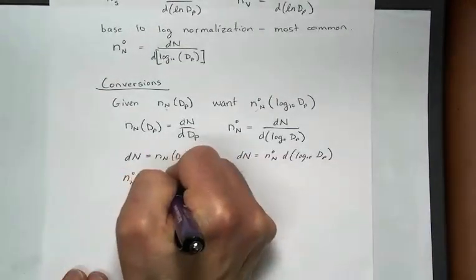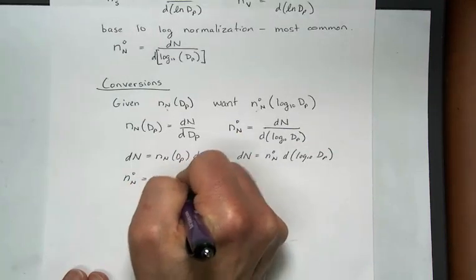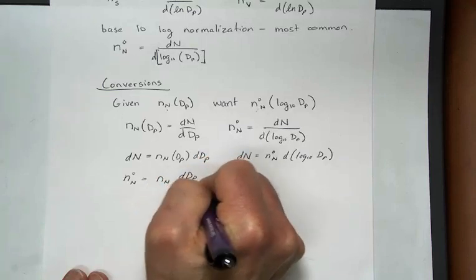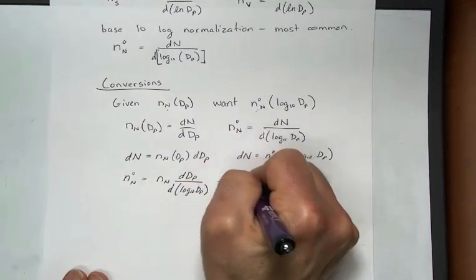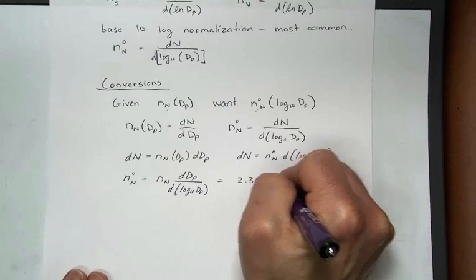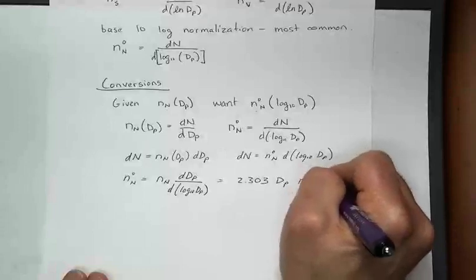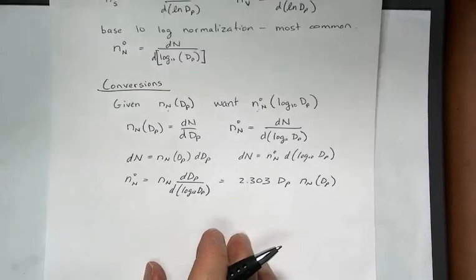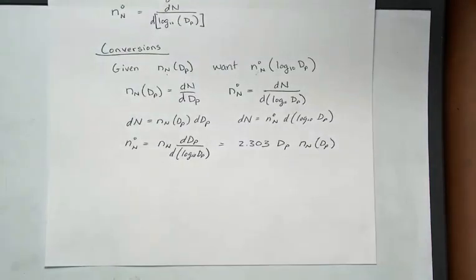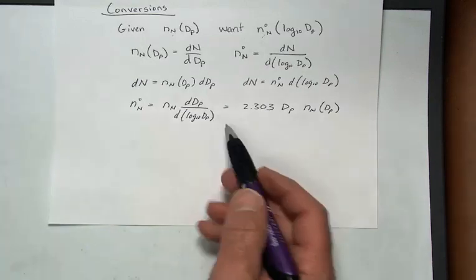So it's going to be proportional to it, and then ddp over d log 10 dp. This is equal to 2.303 times dp times n sub n. I'll show you how we get this.